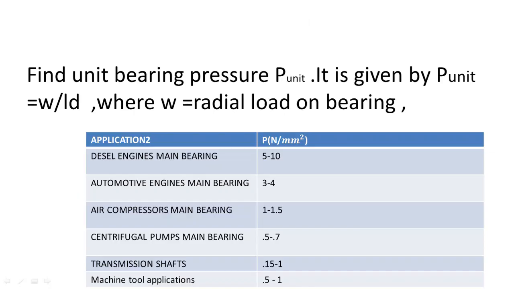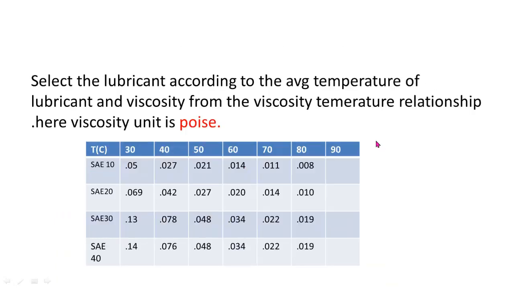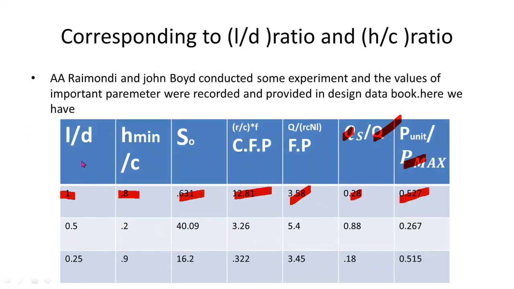So by using this value, that is 0.28, we can calculate the value of Qs, the side leakage. We will put Qs by Q is equal to 0.28, and we will substitute the value of Q from step number 12 in this particular ratio. Then we can calculate the value of Qs, that is the side leakage of the lubricant.